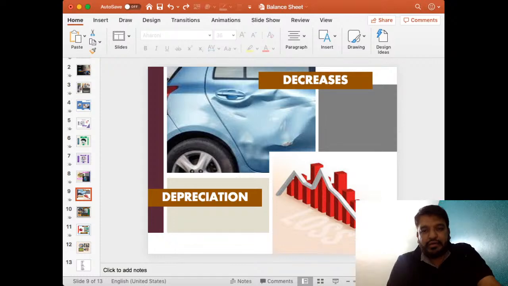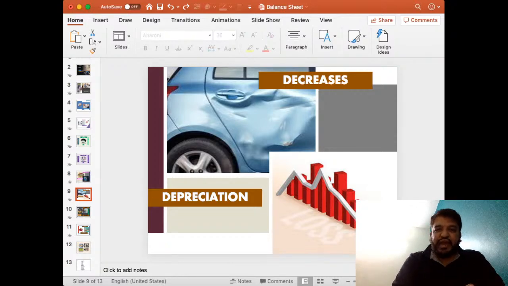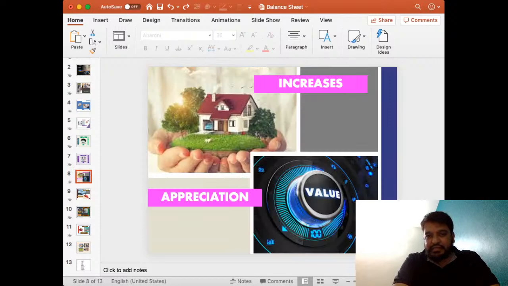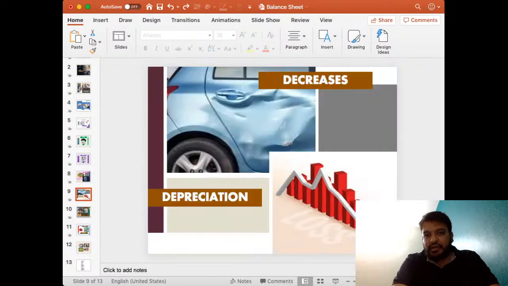That means in the matter of 5 to 7 years, the book value of the product becomes zero. Though it may have some market value, we write that off. Okay, that is depreciation. Appreciation is when the value increases, and depreciation is when the value decreases.